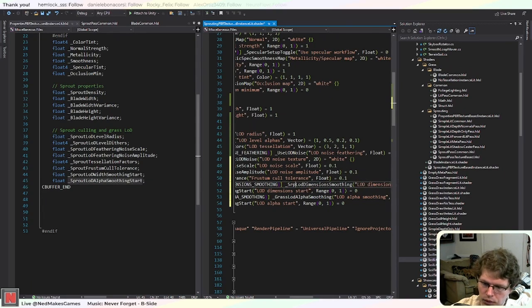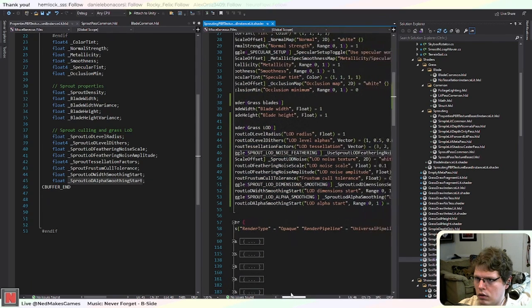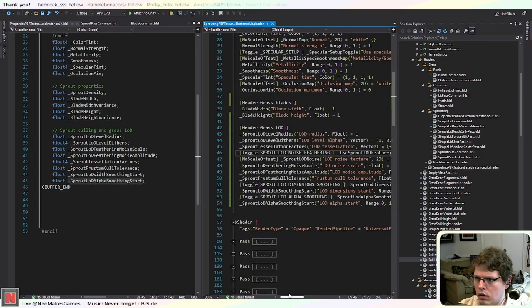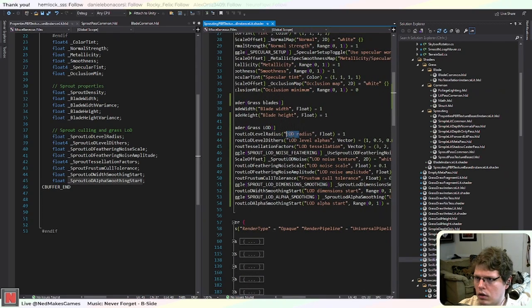I guess we'll just rename these, even though they're not really used. Kind of little placeholder variables. Okay. I don't really have to have LOD at the beginning since I have LOD in the header.